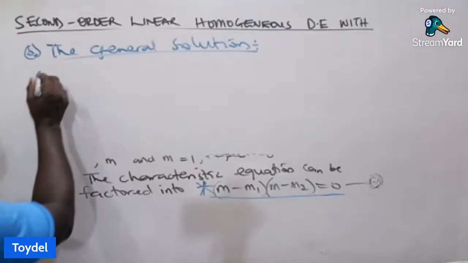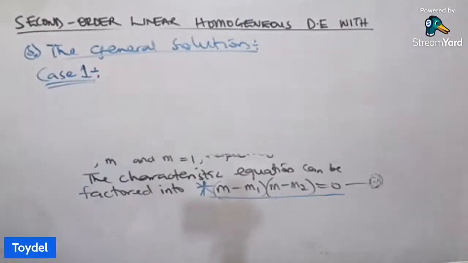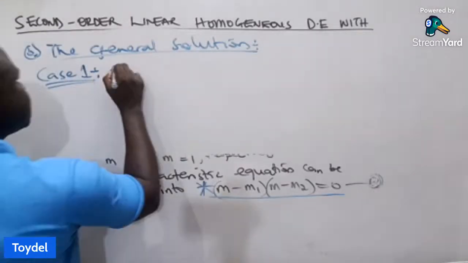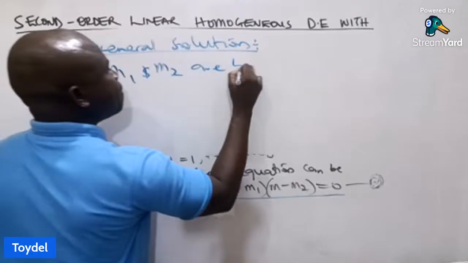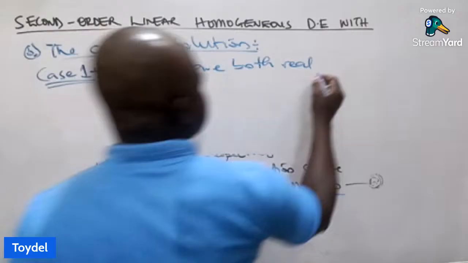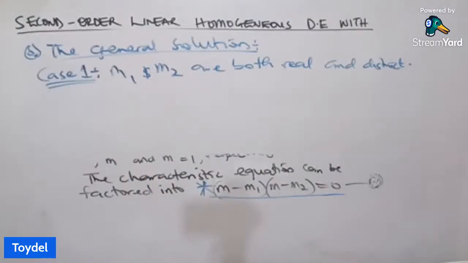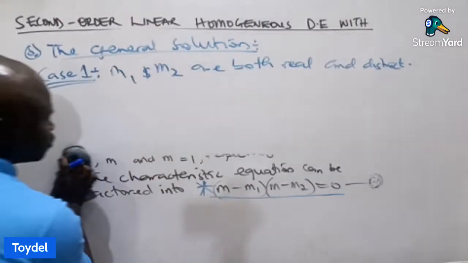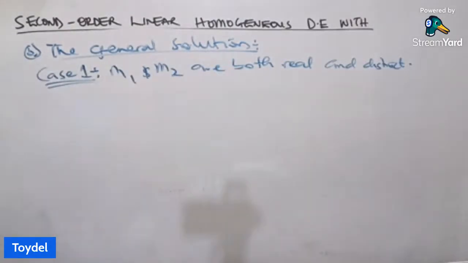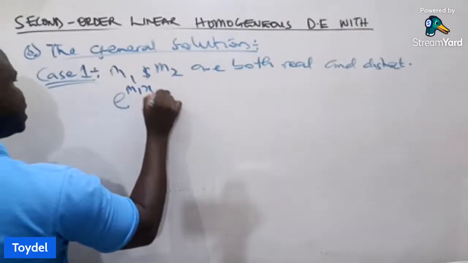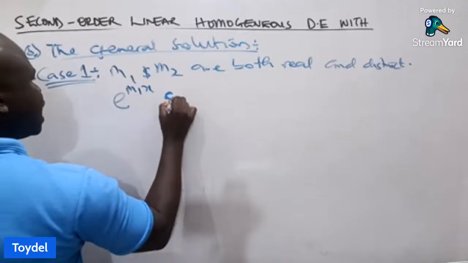Case one: if m1 and m2 are both real and distinct, just like we have it under the quadratic equation, then two linearly independent solutions are e to the power m1x and e to the power m2x.